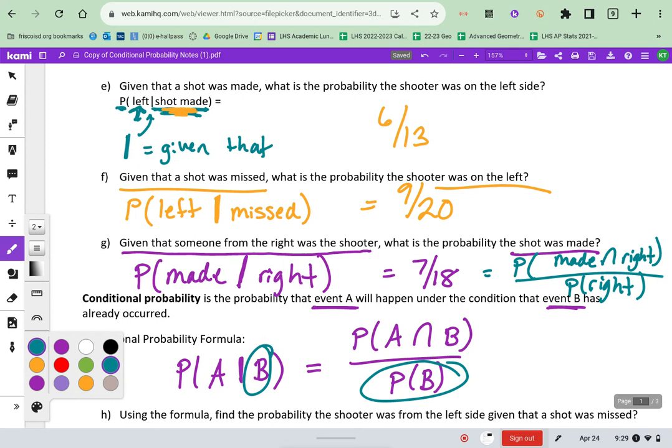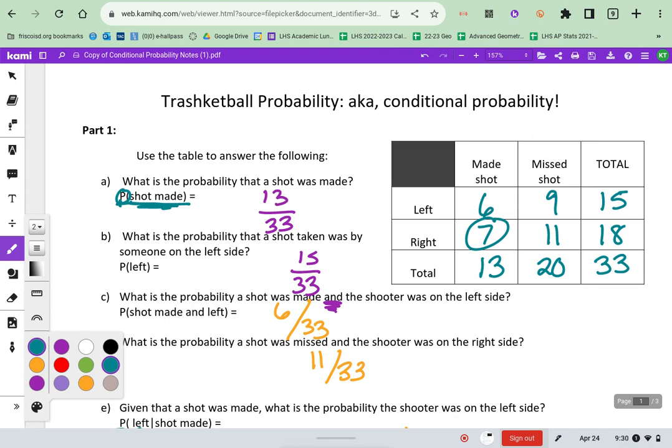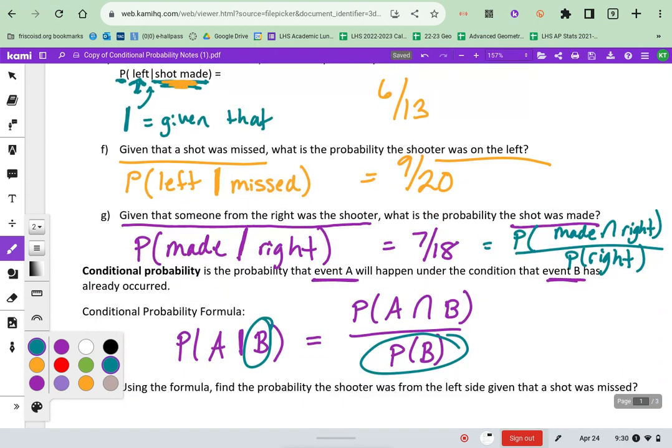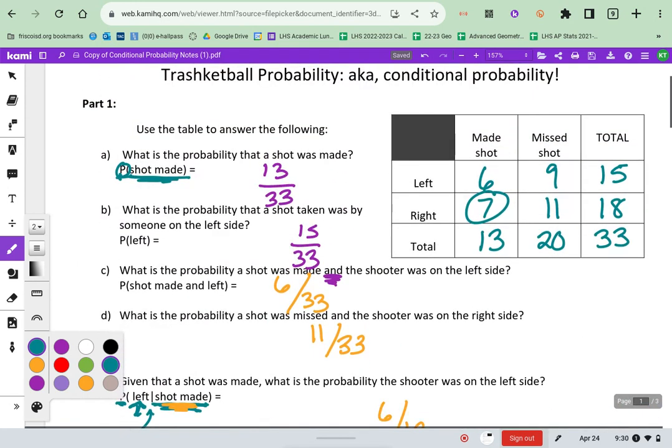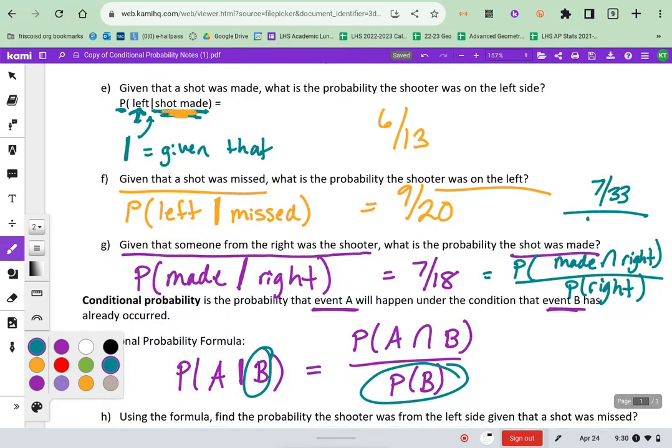So made and on the right team would be 7 out of 33, divided by the probability that a shot was taken by the right team. So how many total shots were taken by the right team? 18 out of 33. So divided by 18 out of 33, and that simplifies to 7 out of 18.